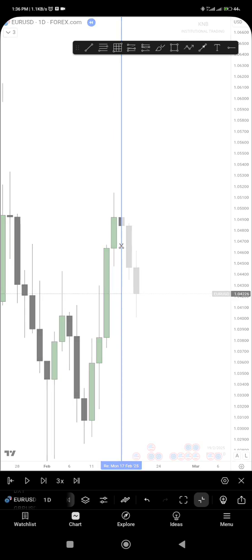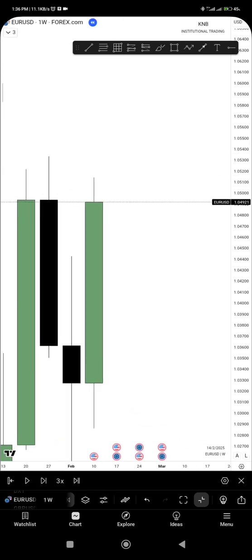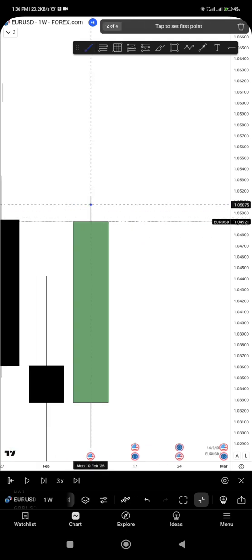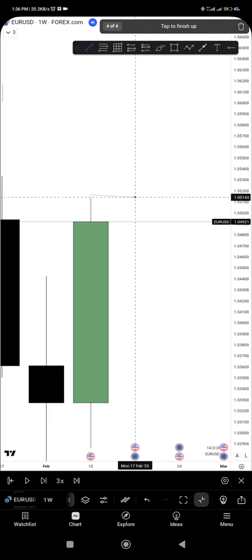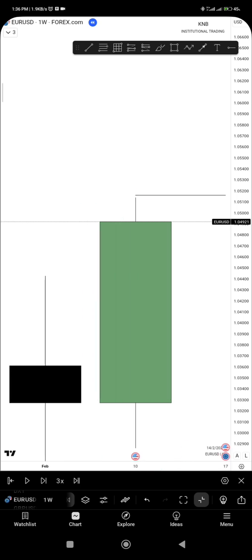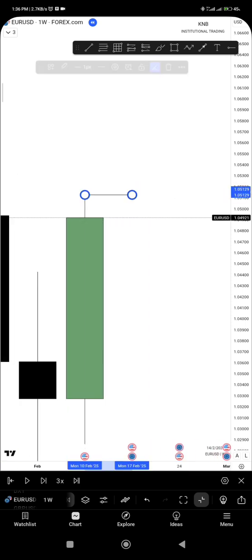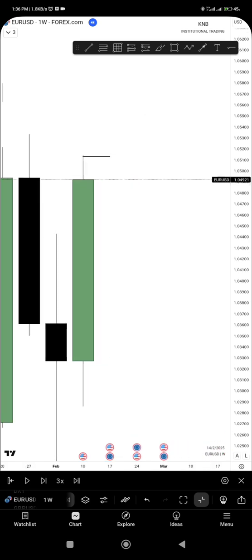Many of you should remember this example in price. You should remember some weeks back we had this high as our drawn liquidity. So this weekly close we had that high.